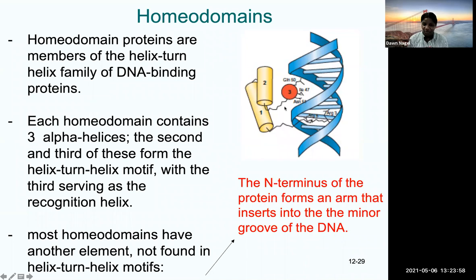In this case, different from the zinc finger transcription factor, they actually interact with the minor groove of DNA because it has this extra arm that's present that kind of connects with that minor groove of the DNA. Okay, and this is not present in other types of transcription factors.